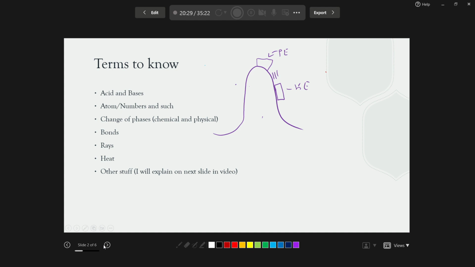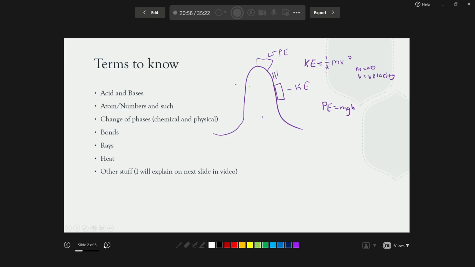Now, I'll just write this down. When I was taking the test, I didn't really see anything worth this, but in case you want to know, this is the formula, where M stands for mass, V stands for velocity, and the formula for potential energy is just mass times the gravitational force and height of the position.